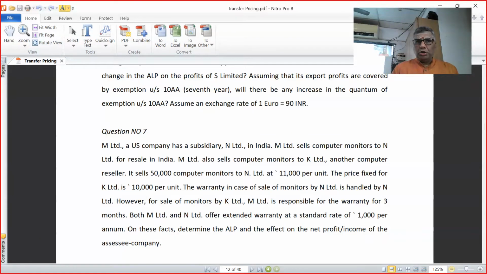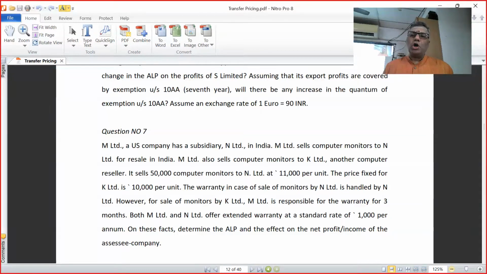Namaste, good morning. A session where we are trying to go deeper into transfer pricing provisions and understand it in more detail. So, what is transfer pricing? Any international transaction between associated enterprises should be at arm's length price.